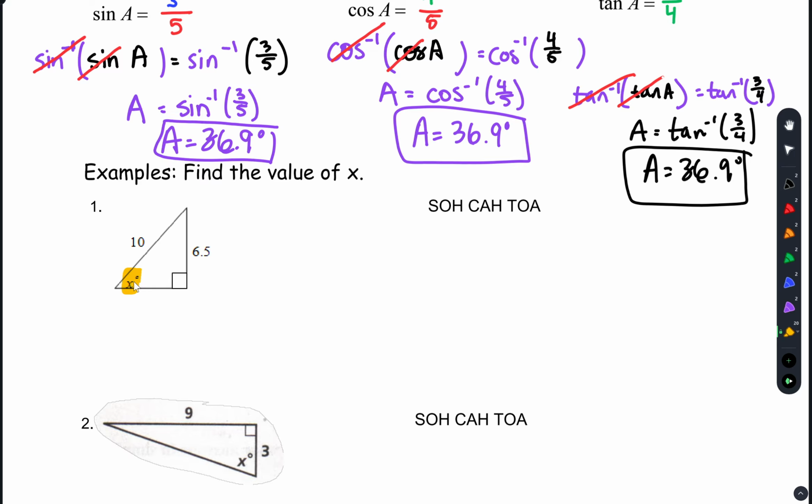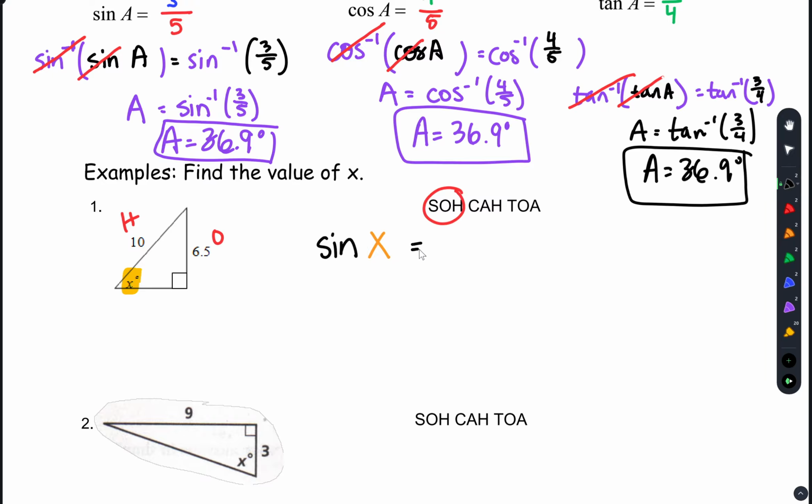Here, it makes it very clear that we only have the hypotenuse and the opposite. So I only have the option to use sine. When I set this up, like I told you yesterday, we're going to write the trig function name, then the name of the angle. This time we don't have that name of the angle or the angle measure, so we're going to put the x right next to the sine.